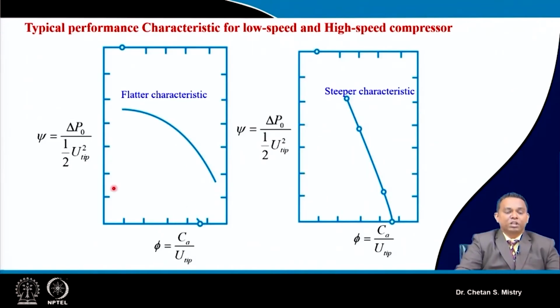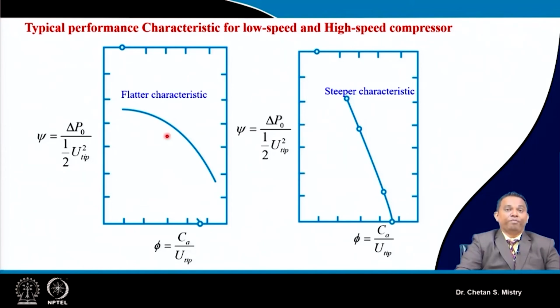Let's look at the performance map for low speed and high speed compressors. This represents per stage pressure ratio in terms of flow coefficient and pressure rise coefficient. This gives the flatter characteristic that we achieve with a subsonic compressor, and this represents the steeper characteristic that we achieve by opting for a transonic compressor.